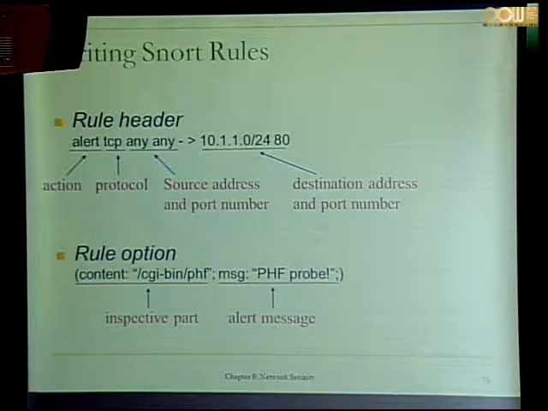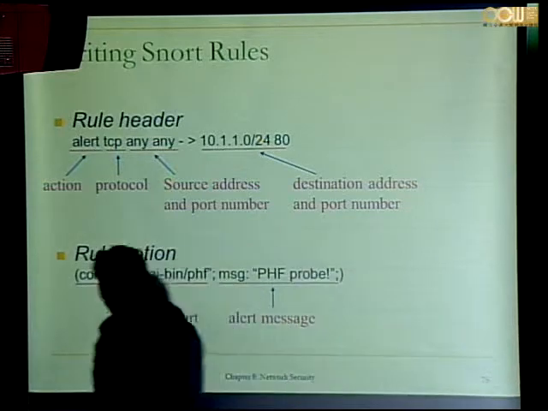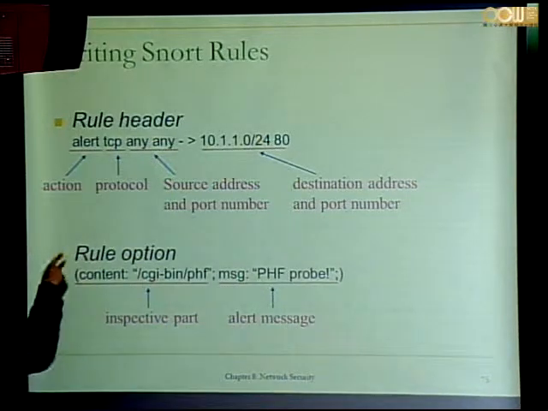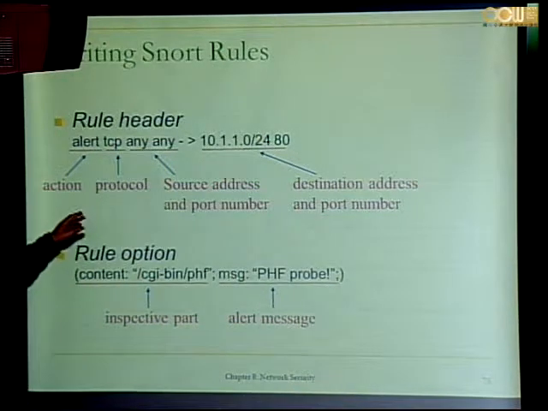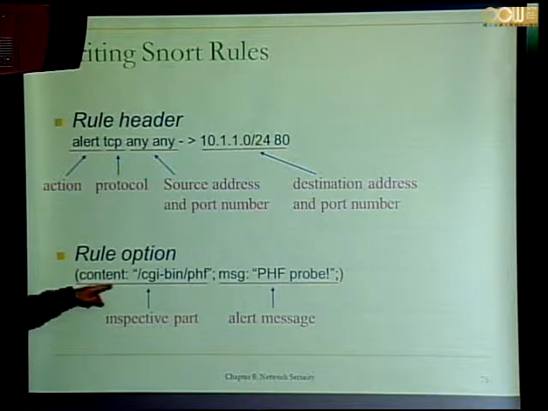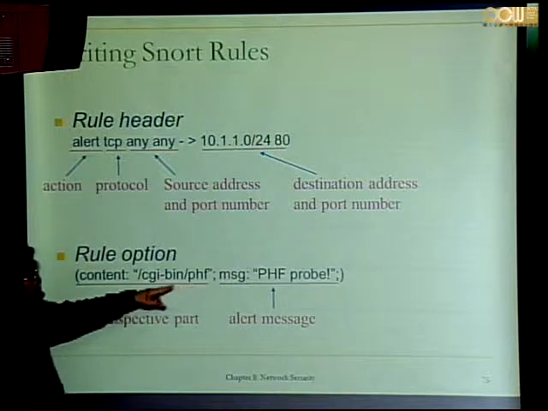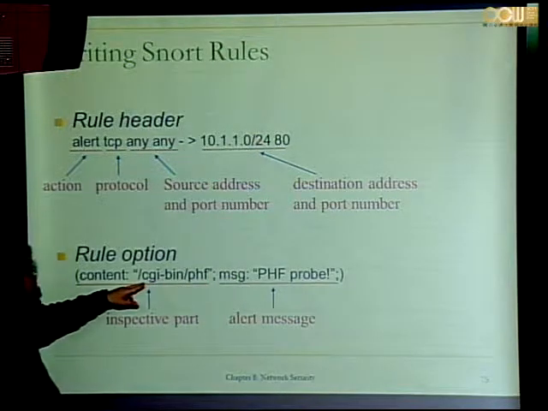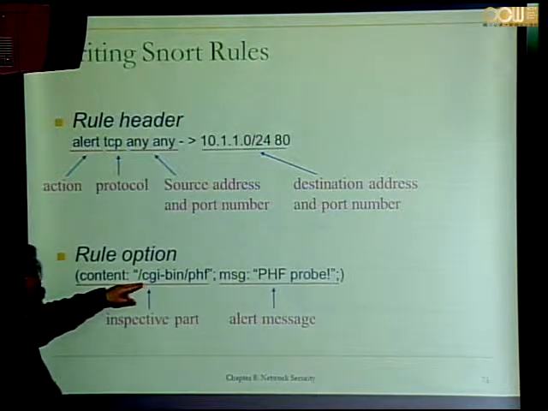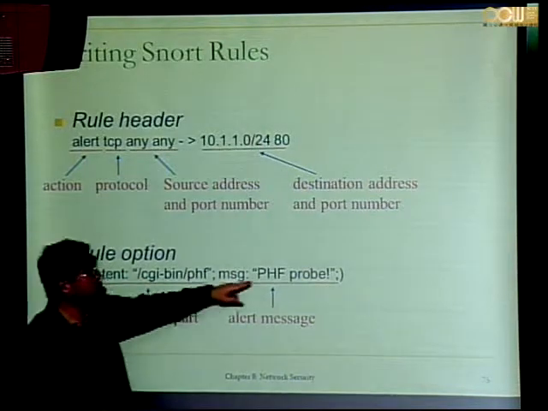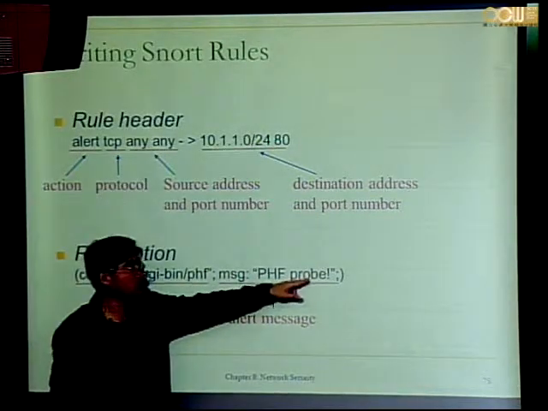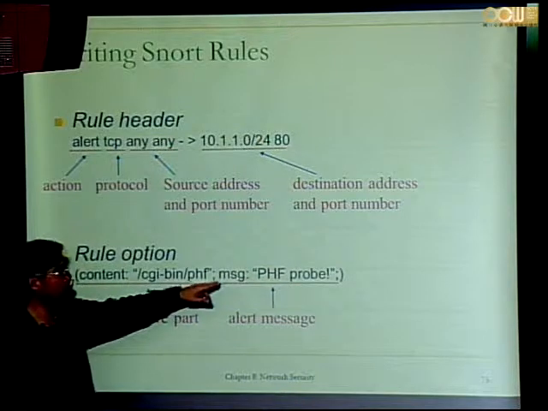Within a Snort rule, it would check, for example in this rule, on HTTP. It says that if within the URL you have this, then it is a PHF probe.